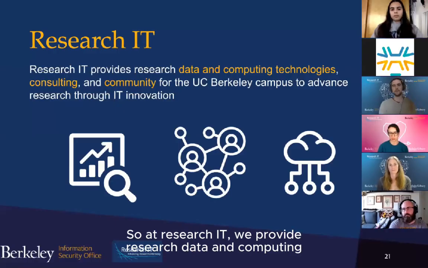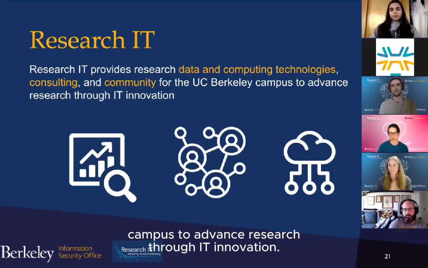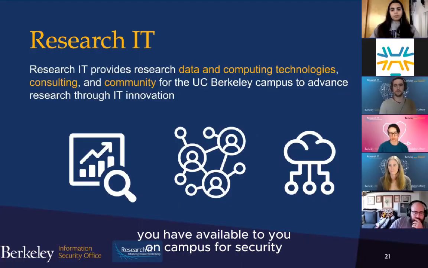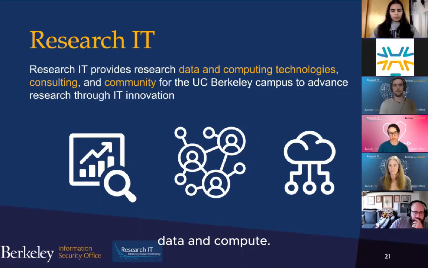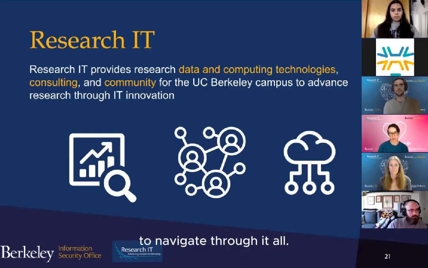So at Research IT, we provide research data and computing technologies, consulting, and community for the UC Berkeley campus to advance research through IT innovation. And we're the interface between researchers and the many options you have available to you on campus for security, data, and compute. Campus has quite a few tools, and we help researchers to navigate through it all.